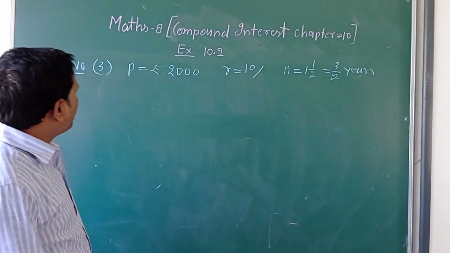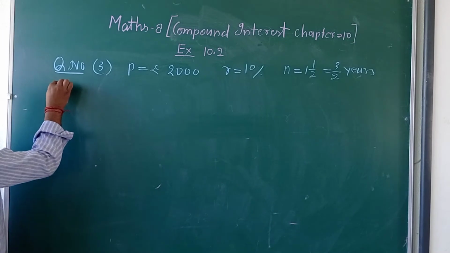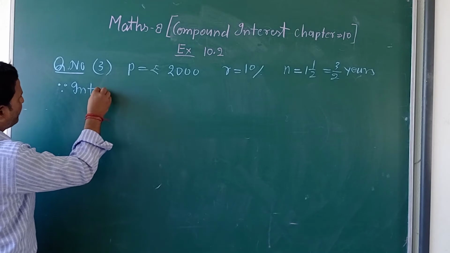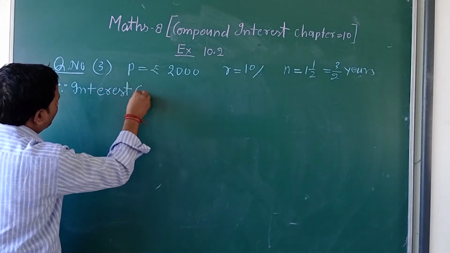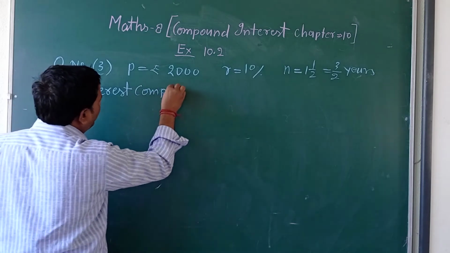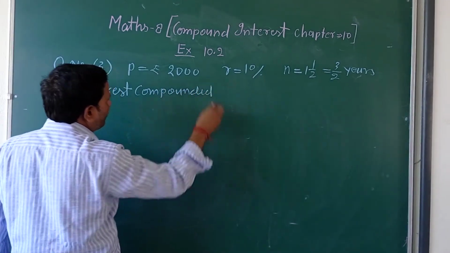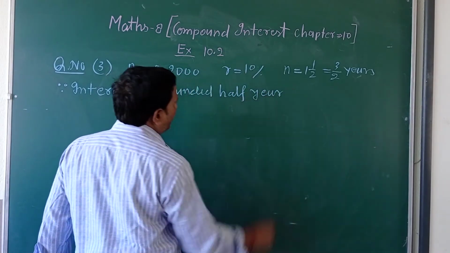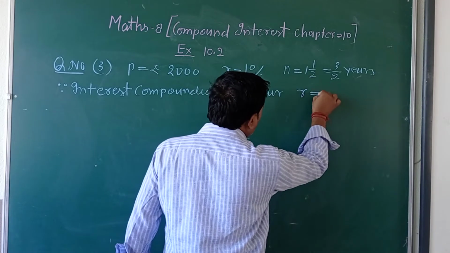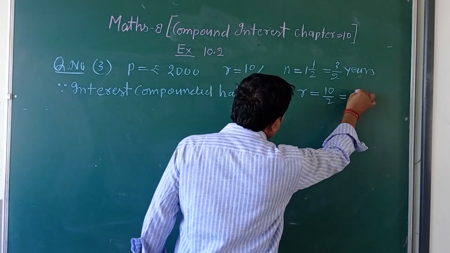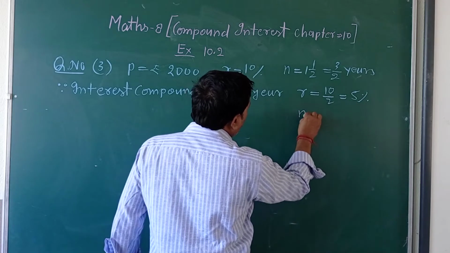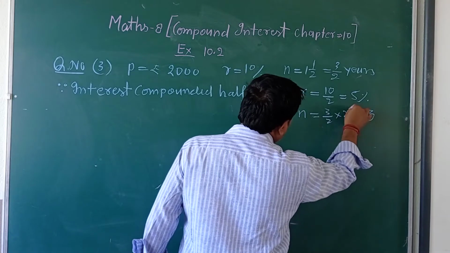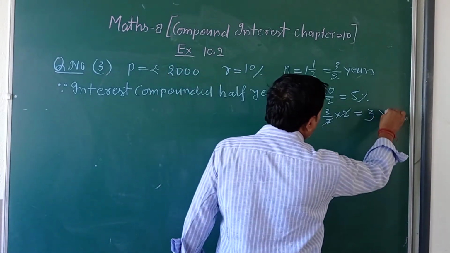Since interest is compounded half yearly, the rate is equal to rate divided by 2, that is 5%, and n is multiplied by 2: 3 by 2 into 2, the 2s cancel, so 3 years.